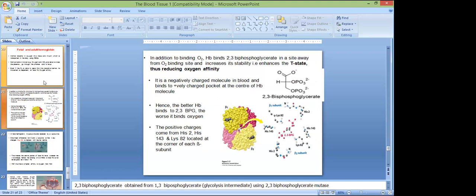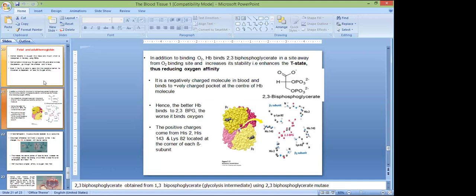So this 2,3-BPG, as you can assume, is formed from that. So what does it do? It decreases the affinity of hemoglobin to oxygen.